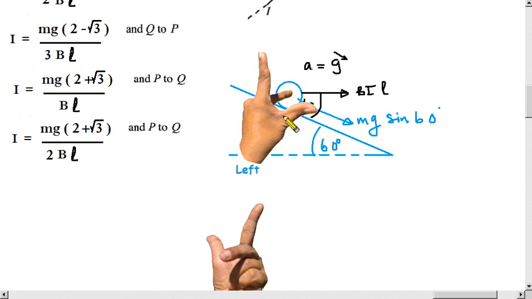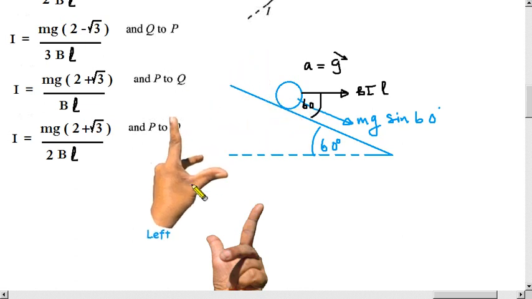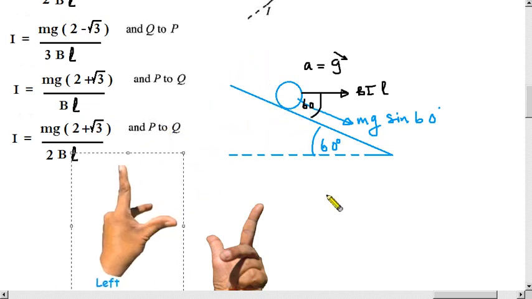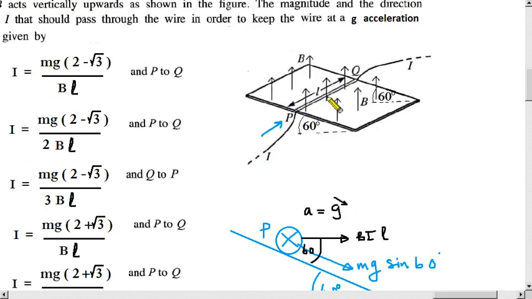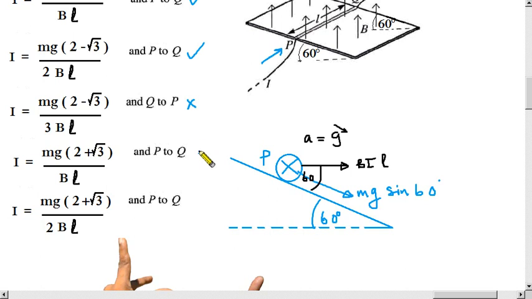So now we know the current must be into the paper, so we have to mark a cross here. Point P is here, so the current is going into P, and from P to Q. P to Q is correct, this one wrong.